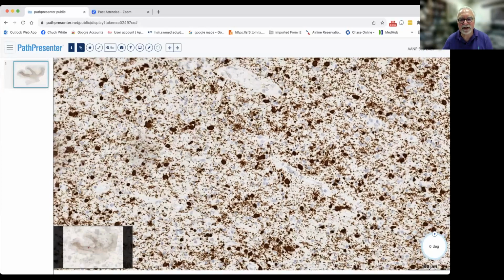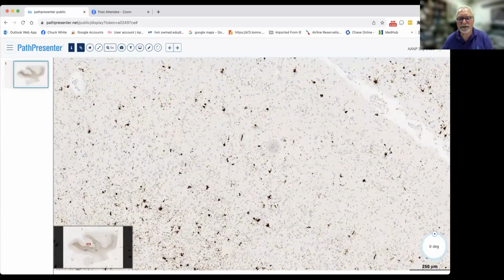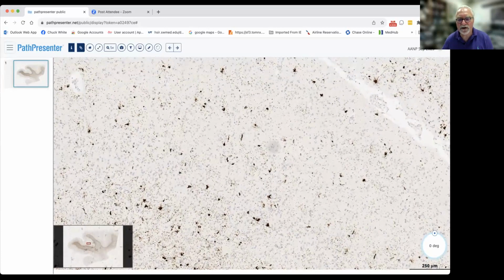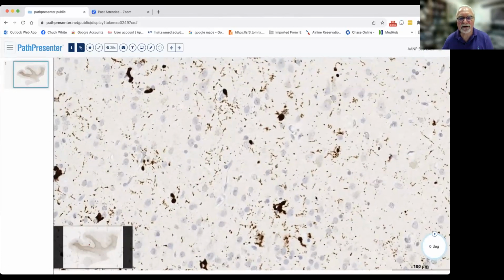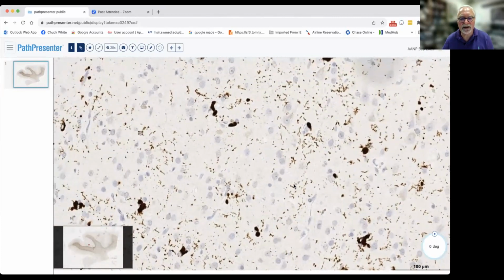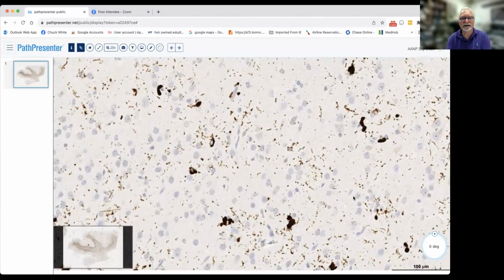You can also see both the globular and the astrocytic, as well as the thread-like inclusions in the gray matter of this entity. So anyway, I offer you this as an opportunity to study up on the neuropathology of globular glial tauopathy and add that to your collection of available images.